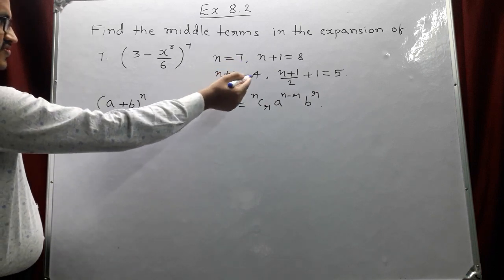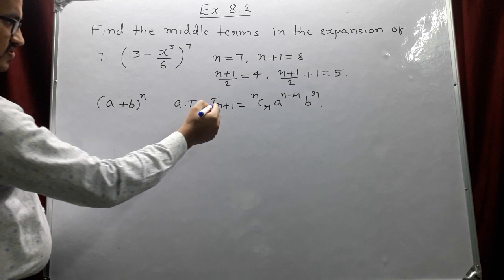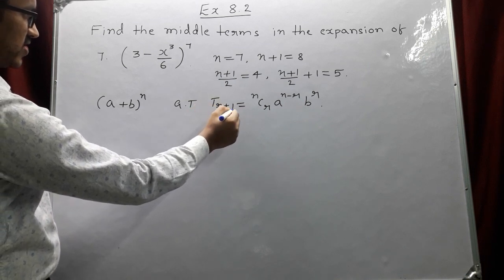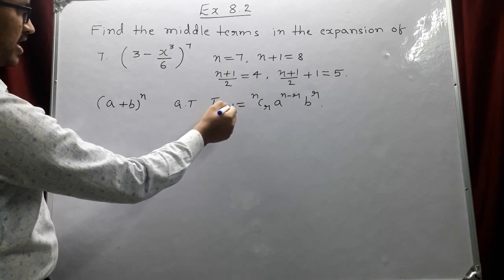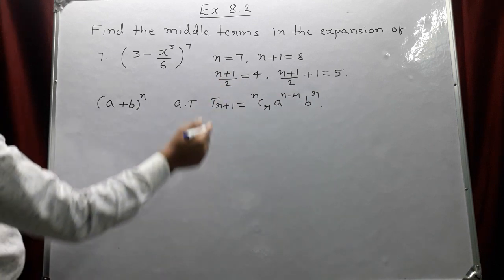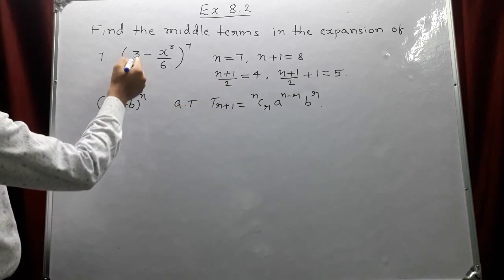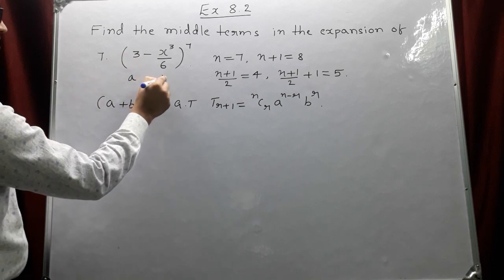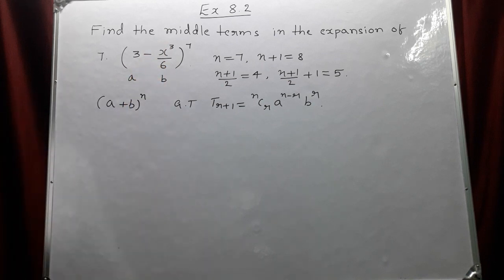So we have to find the 4th and 5th terms. To find the 4th term, what will we get? r plus 1 value is 4, so r value becomes 3. Again, what is the a value here? a is equal to 3, b is equal to minus x cube by 6, and the n value, the index, is 7.